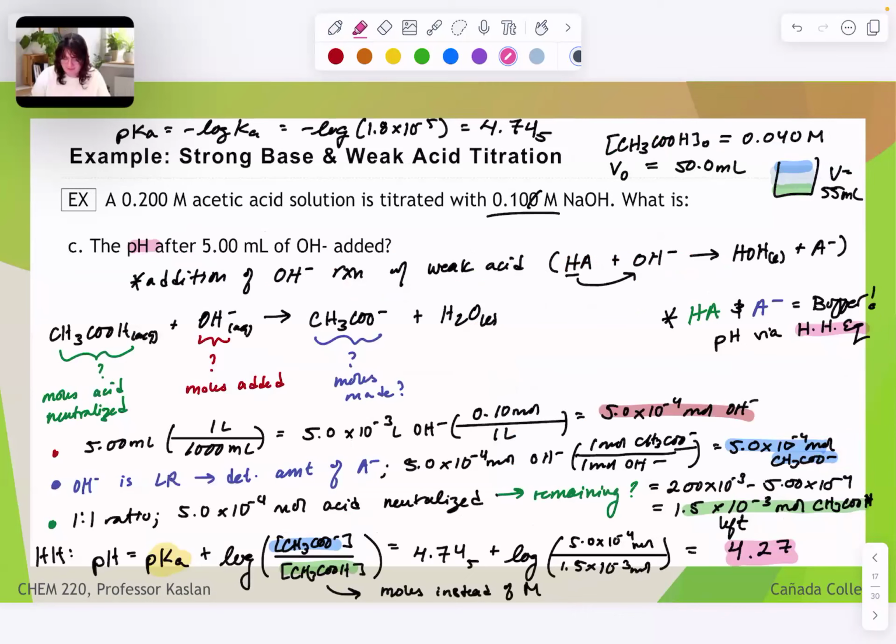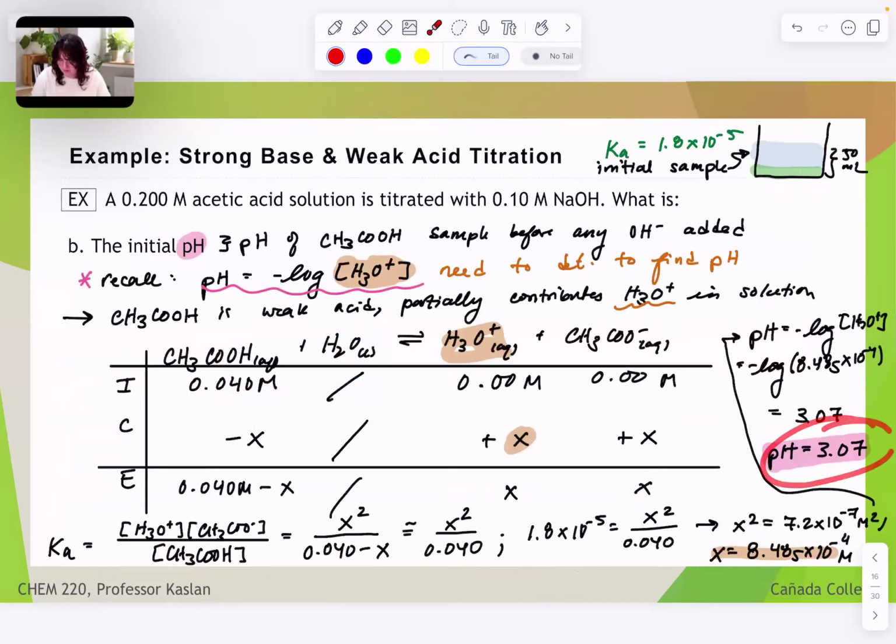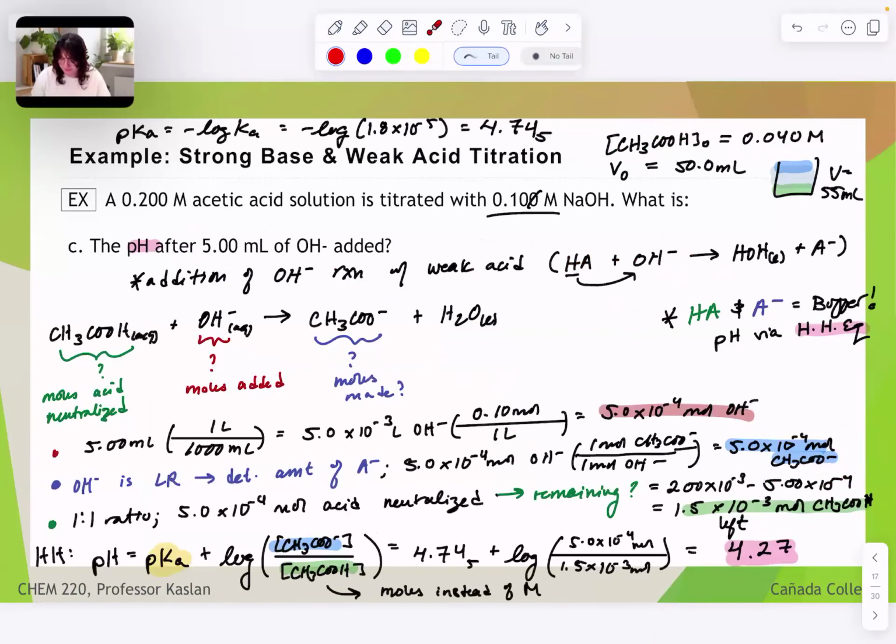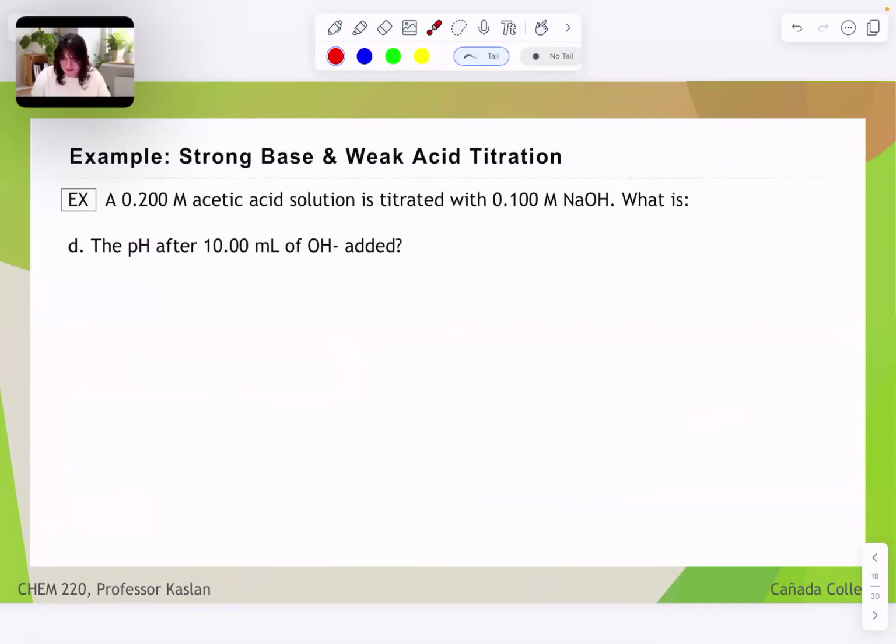And now we have added 5 mL of hydroxide. We notice that our pH has not changed that much from initial, right? 4.7 compared to 3.07. But let's now see what happens when we add 10 milliliters. So we will do a very similar analysis as we did with 5 milliliters in our next video coming up.